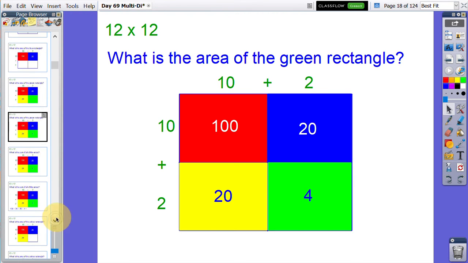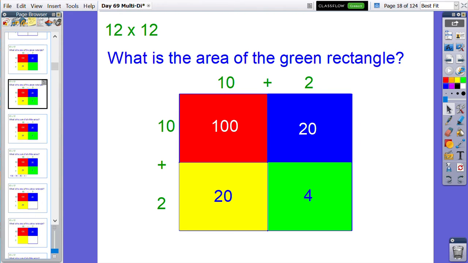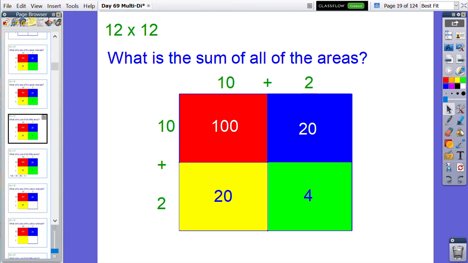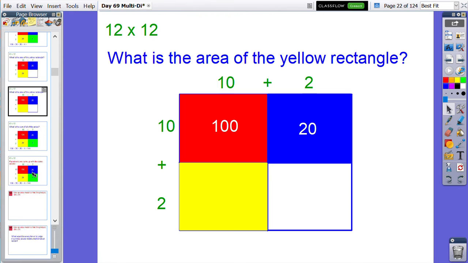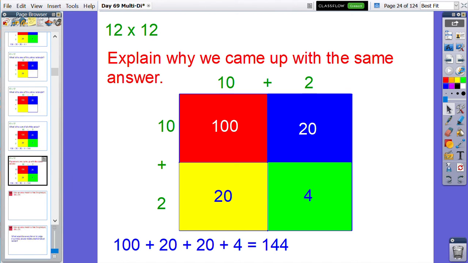So now the next thing we're going to do is add up the sum. We're going to find the sum of all of our areas that we found. Okay, so we're going to add them all up. 100 plus 20 plus 20 plus 4. Okay, gives us 144.